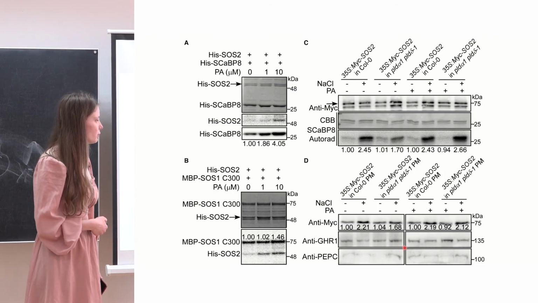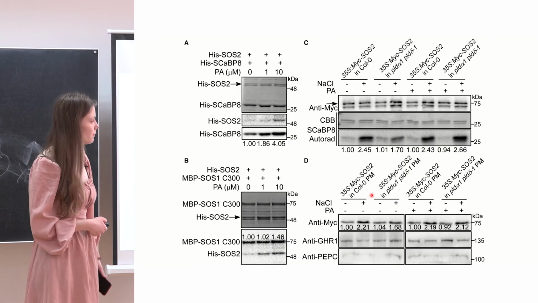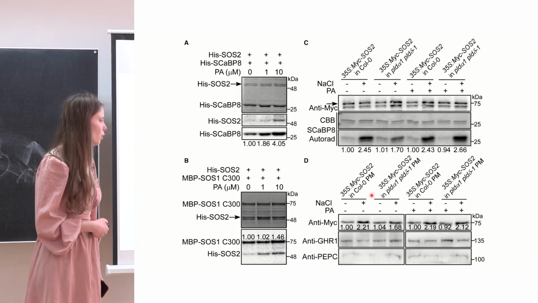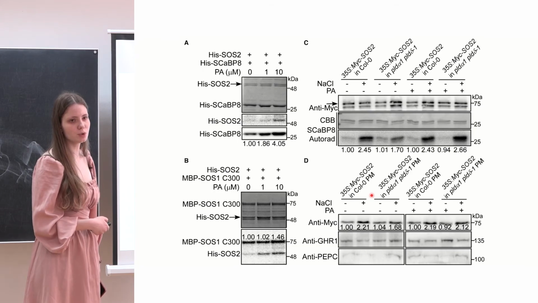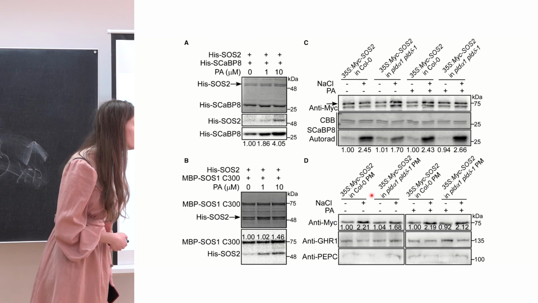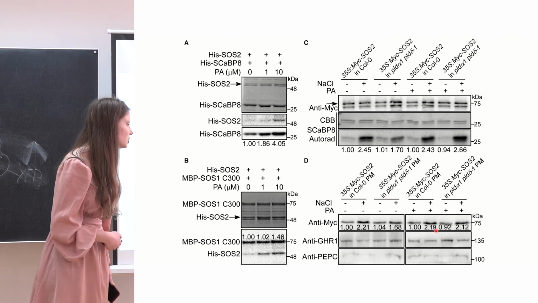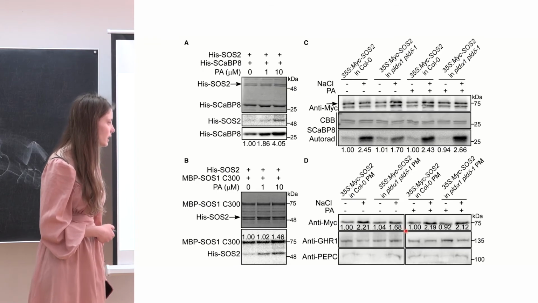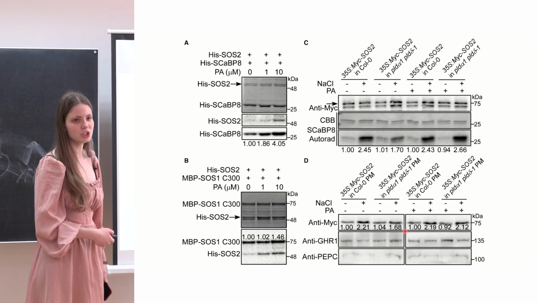Вывод следующий: количество СОС2 увеличивается при засолении, видно, да. И фосфатидиновая кислота способствует увеличению количества СОС2. При этом мы видим, что у мутантов это проявление несколько снижено, но не то чтобы прям сильно значительно.